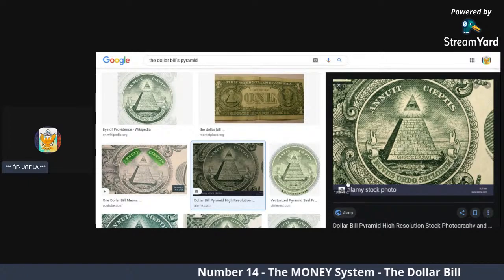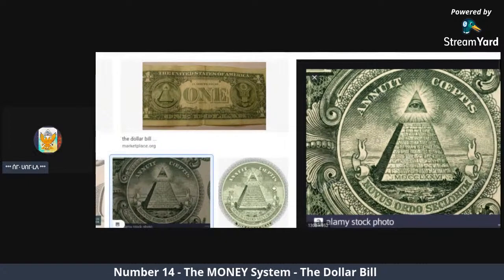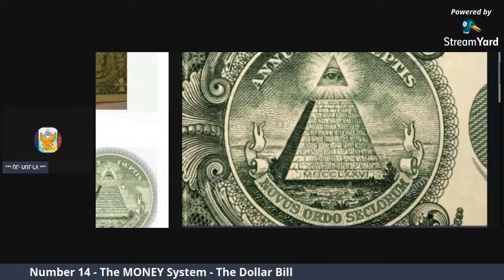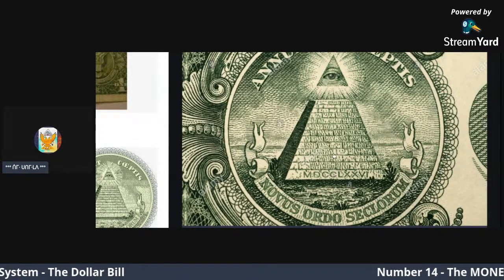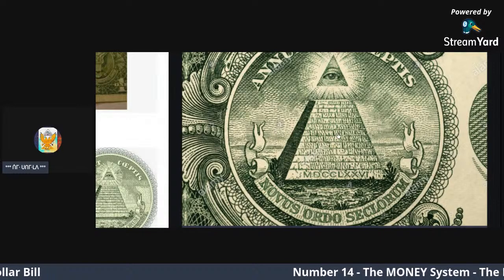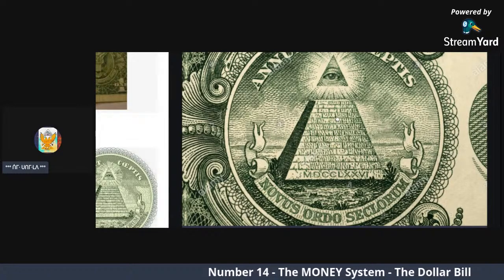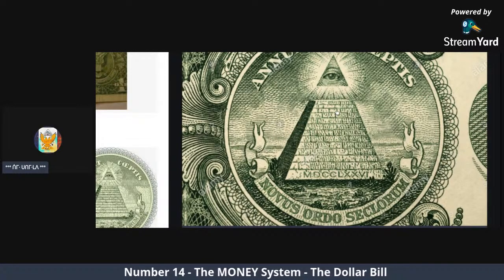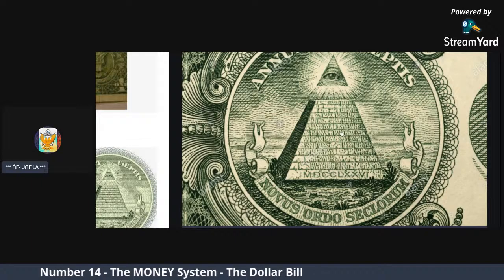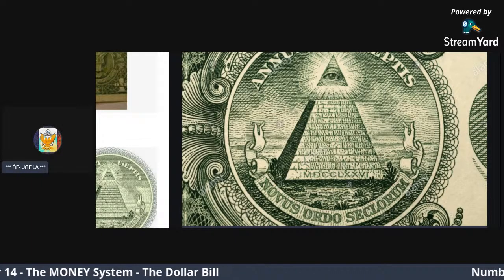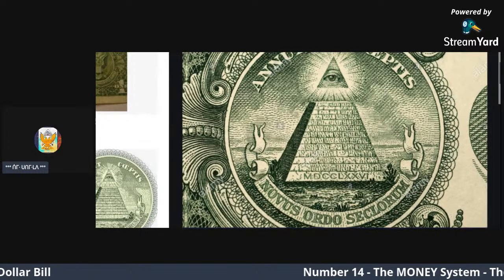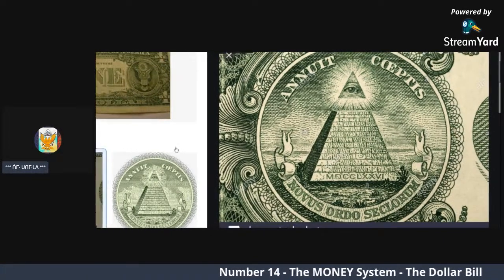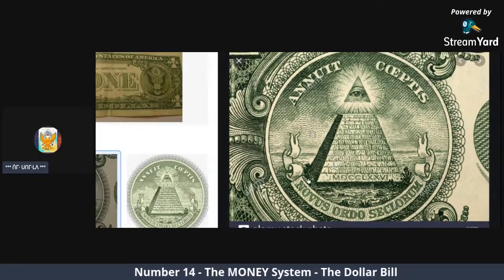So what you can see right here, we can count the rows: 1, 2, 3, 4, 5, 6, 7, 8, 9, 10, 11, 12, and 13. Like you can see, they gave you plenty of examples where the number 13 is prevalent throughout this whole dollar bill.